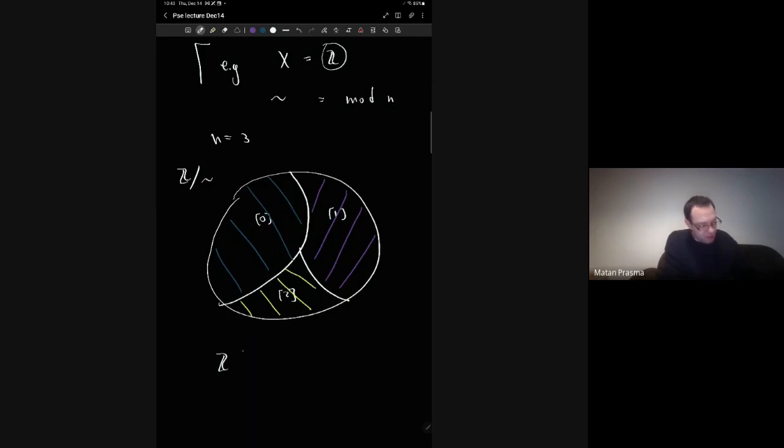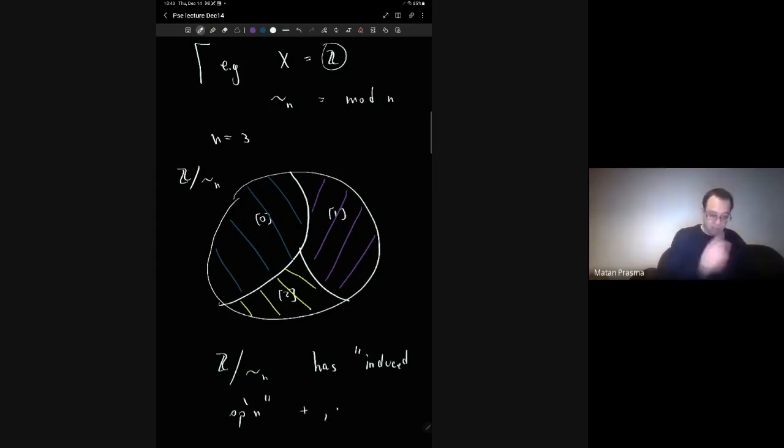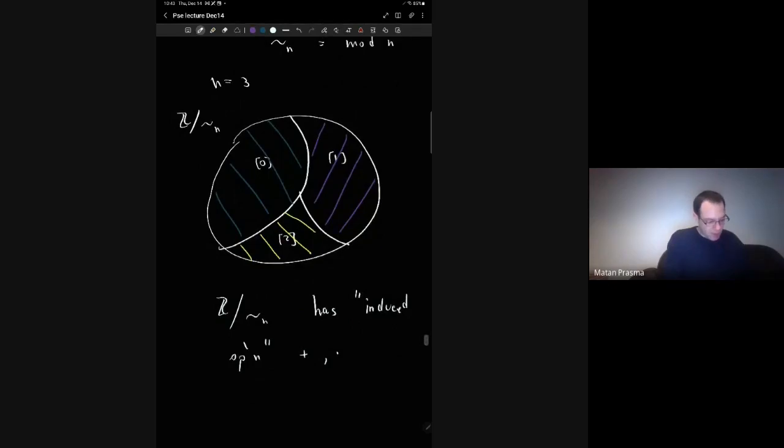Z modulo this equivalence relation modulo n has, it is called, induced operations of plus and multiplication, right? Because I can take, let's say 0.